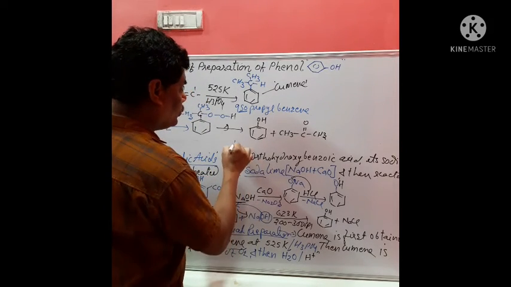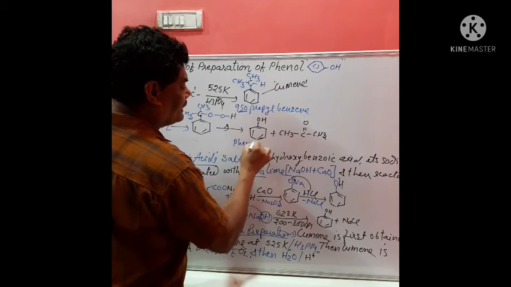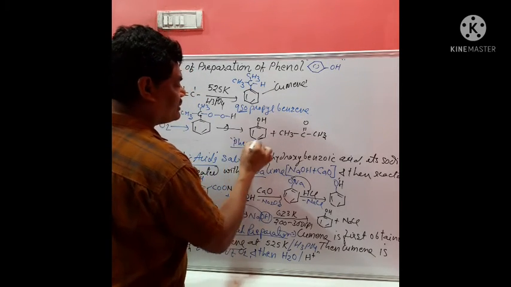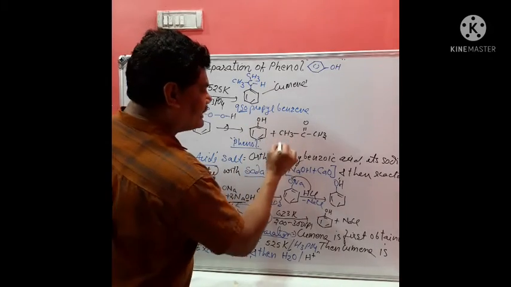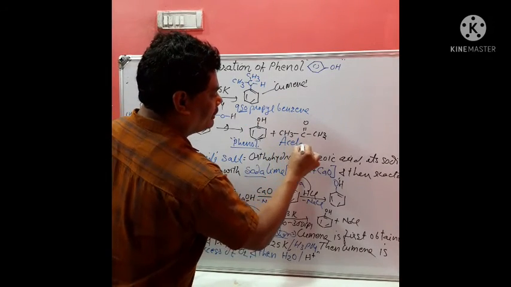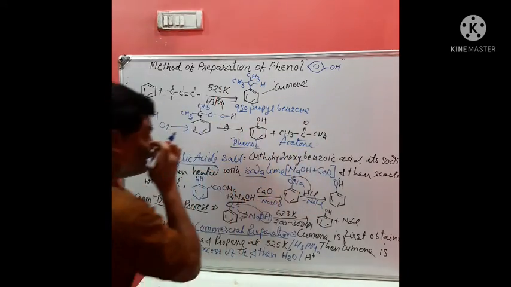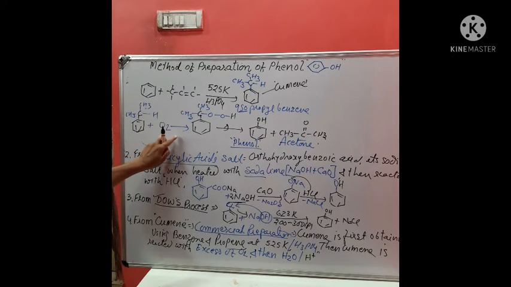That means here two very important compounds are obtained. First one is phenol and second one is acetone. So the two compounds are simultaneously obtained by this reaction.